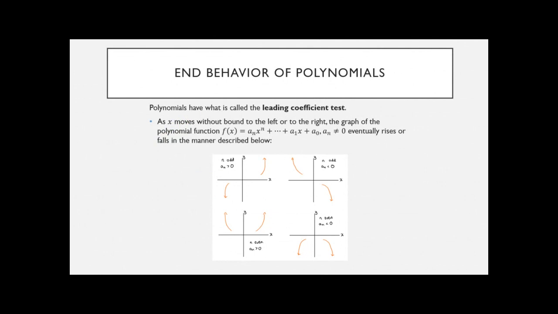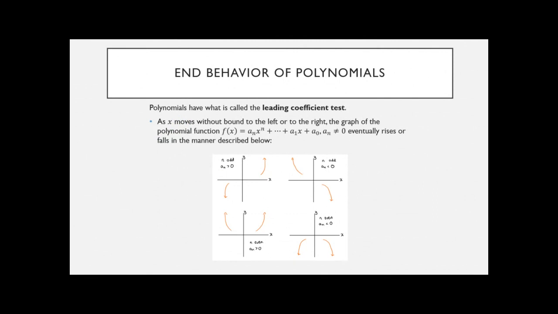When you have a polynomial, we found the end behavior using the leading coefficient test, where you look at the term with the highest exponent and the coefficient, and that told you what things would look like at infinity. Whether it was positive infinity or negative infinity would tell you where the graph would go. And that's what end behavior is.